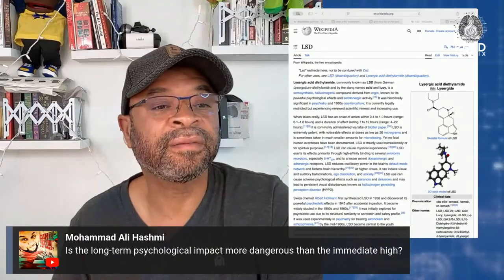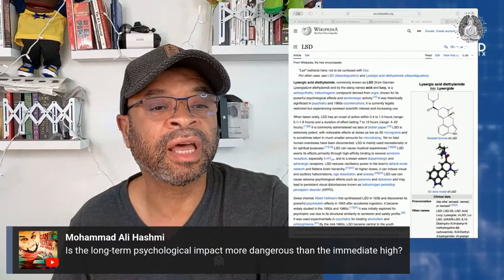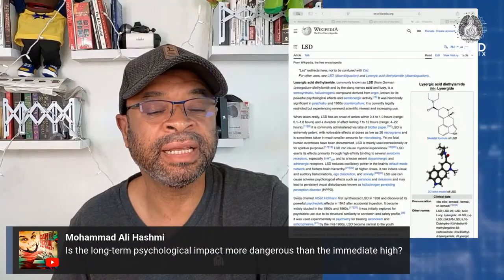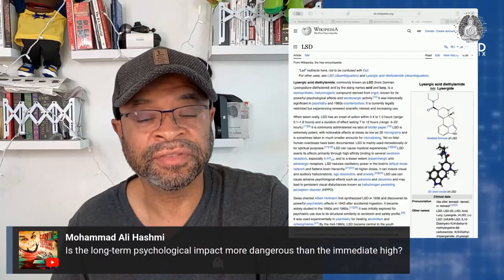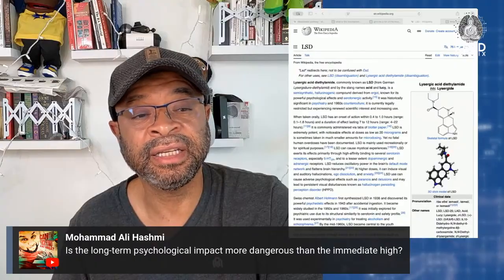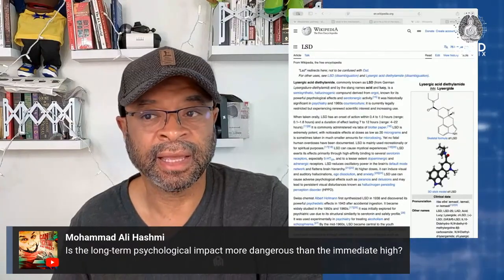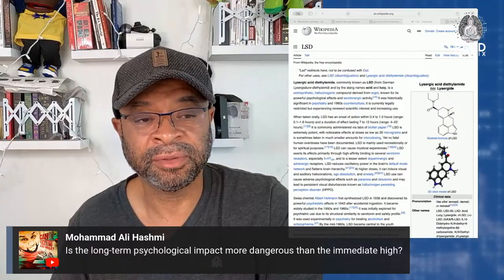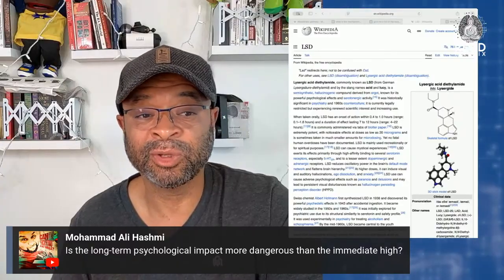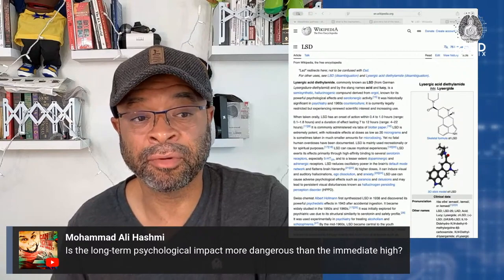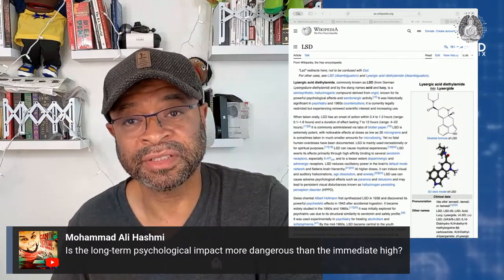Let's see here. Is the long-term psychological impact more dangerous than the immediate high? I think so, because the immediate high could lead to brain cell death. And with that brain cell death, you get the inflammation and that inflammatory response that makes the blood-brain barrier porous.